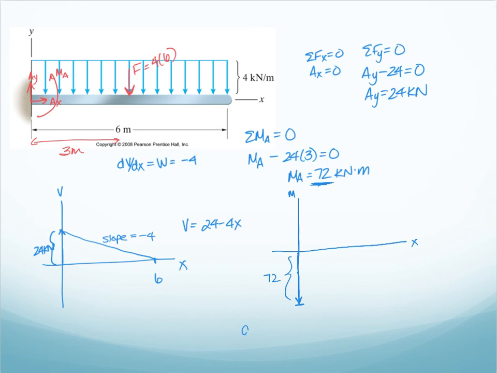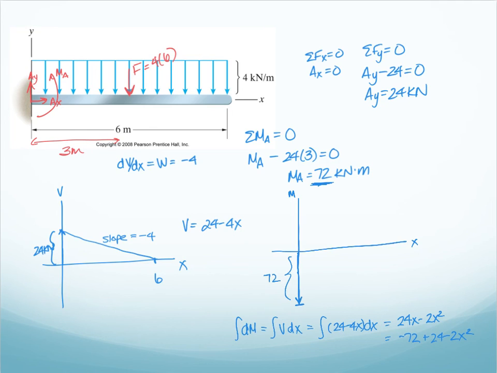And then the slope is the integral of V dx, which is going to be the integral of 24 minus 4x dx. And so if we integrate this, that's going to give us 24x minus 2x squared. And it starts off at minus 72, so that's our constant, minus 72 plus 24x minus 2x squared.